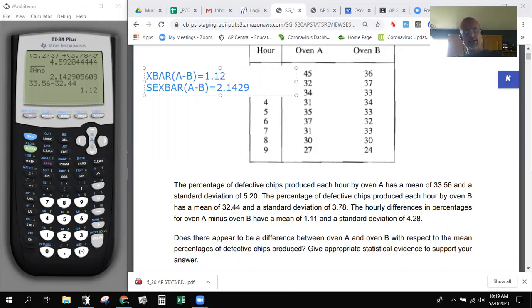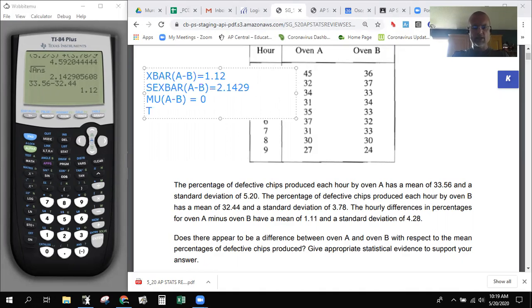And the mu of X bar A minus B is equal to 0, according to our null hypothesis.